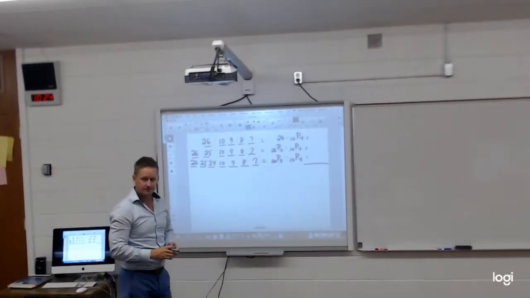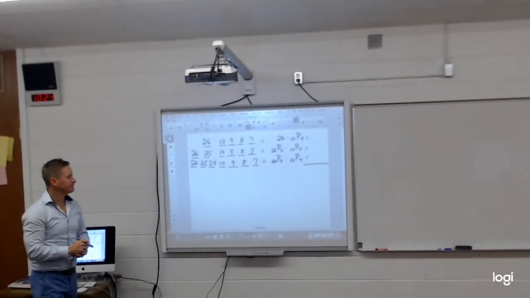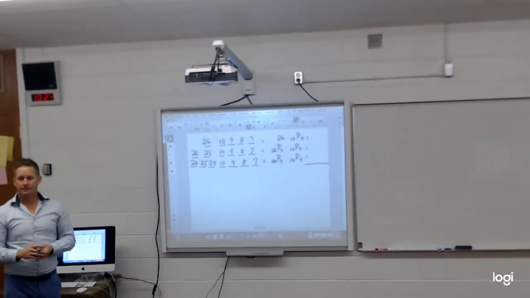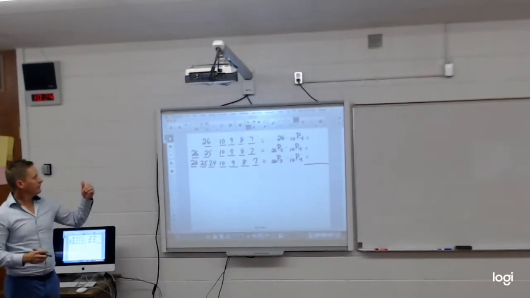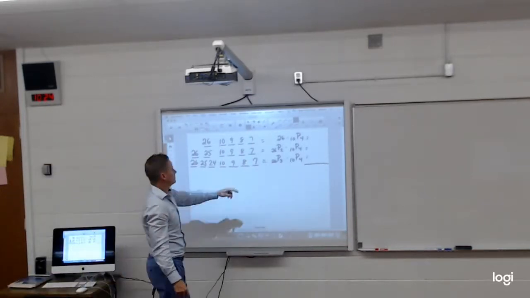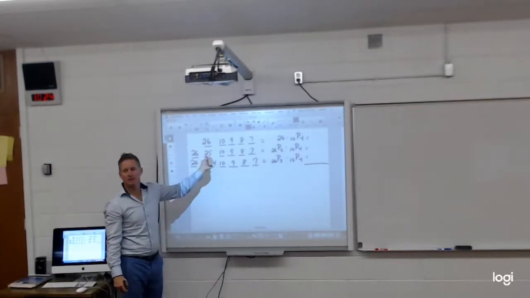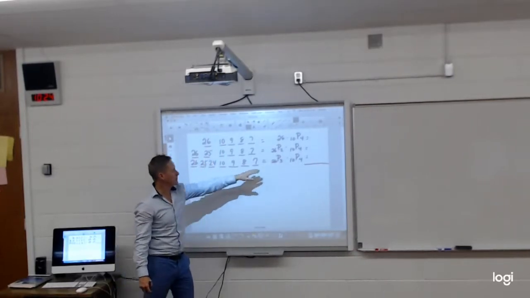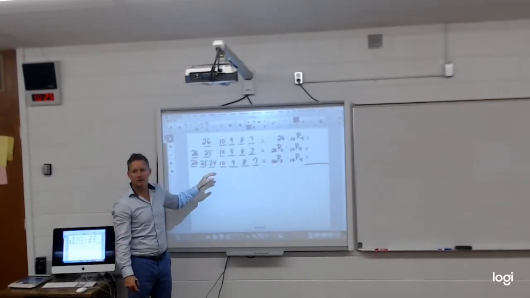So the N is the total number of letters in the alphabet, which is 26. And of those 26, I need to choose 2 of them for my serial number. In this one, I need to choose 3 of them for my serial number.